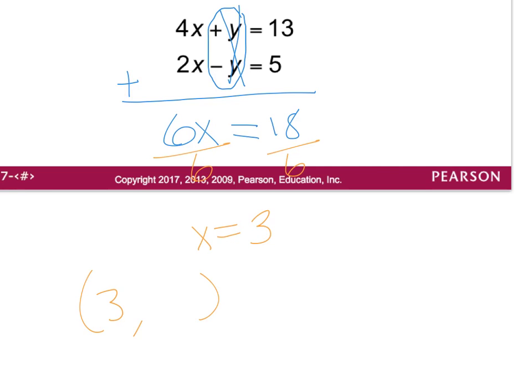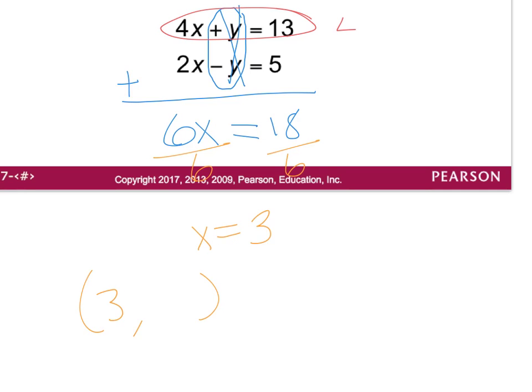So you already have half your solution. Now you have to find the other half of your solution by substituting the 3 into one of the equations that you started with. It does not matter which equation you use, so you can pick either the top or the bottom.